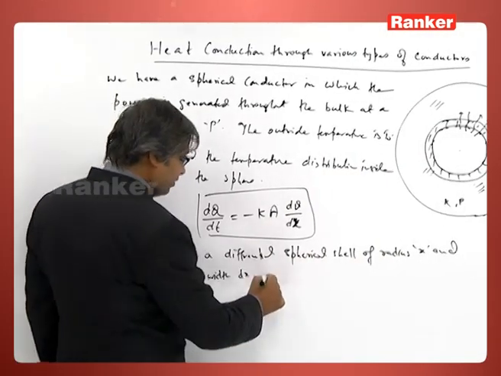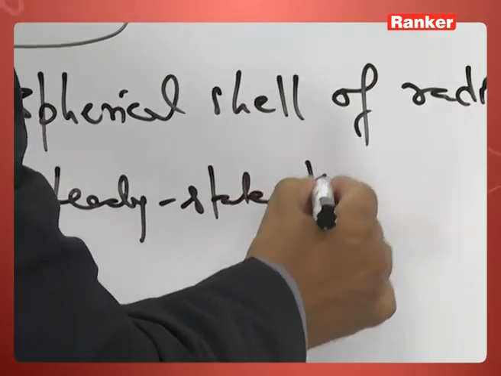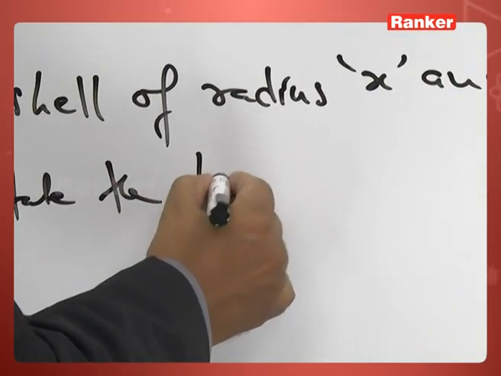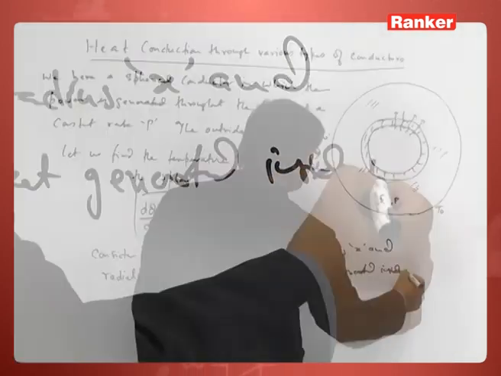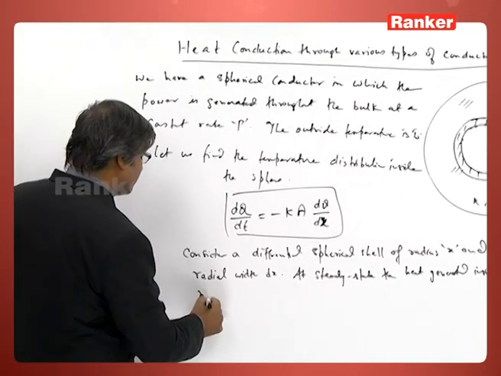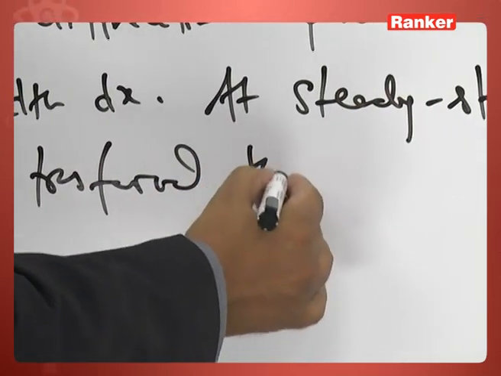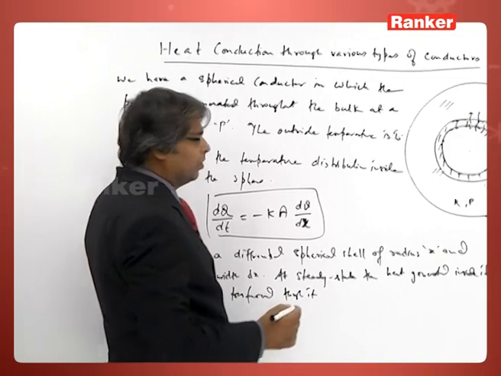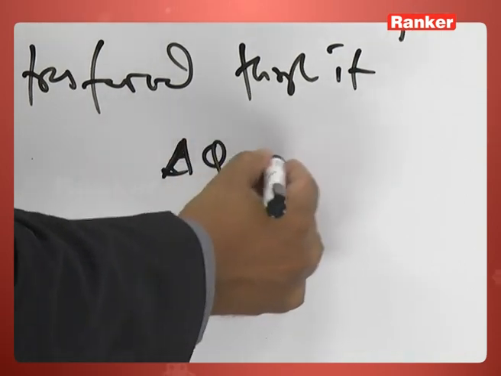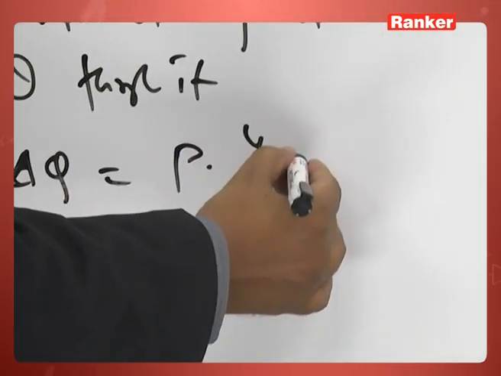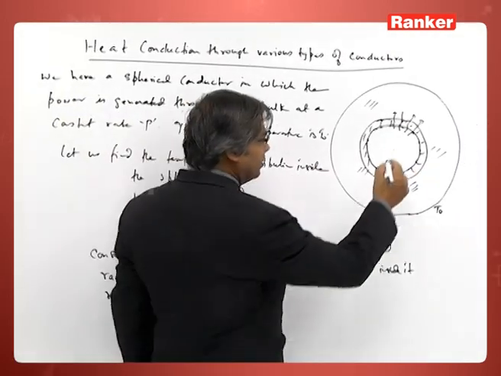Now, at steady state the heat generated inside it must be transferred through it. So, the heat generated, delta q inside, is the thermal power P into the volume 4 by 3 pi x cube. So, this amount of heat must be transferred through this section.